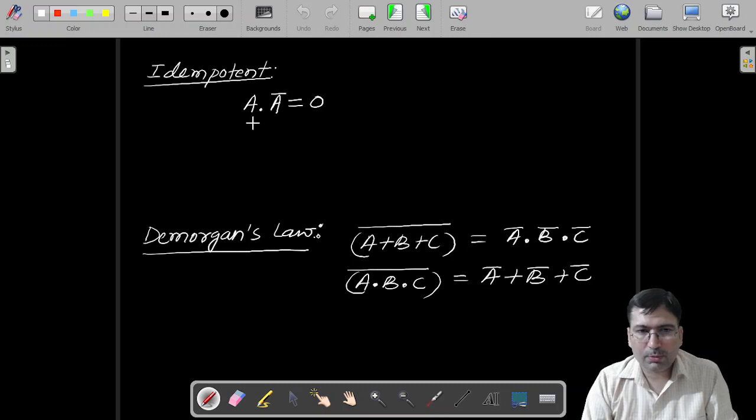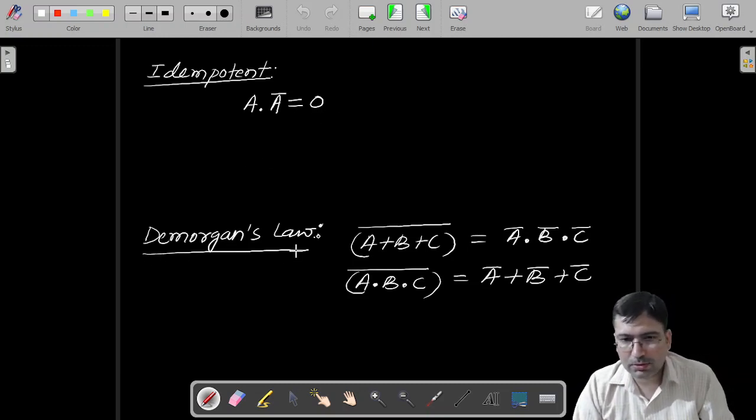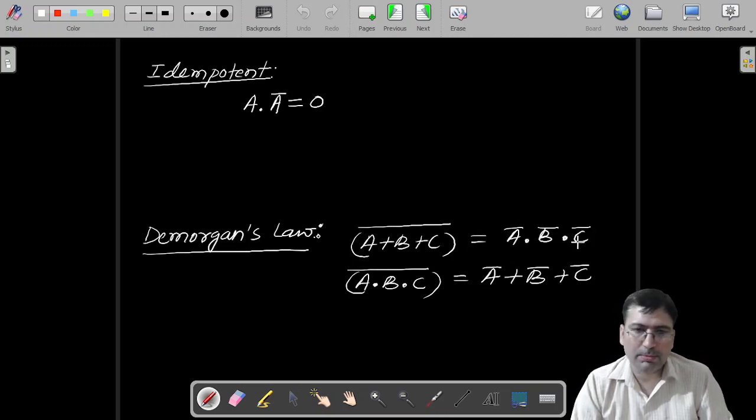Now we have also talked about the complement law, when A and A bar will give you 0. We have also talked about De Morgan's law. In De Morgan's law, if we have the complement of A or B or C, it will give us A complement and B complement and C complement.